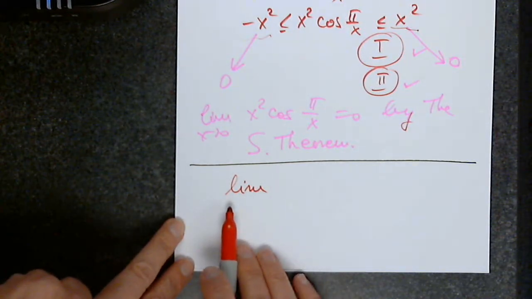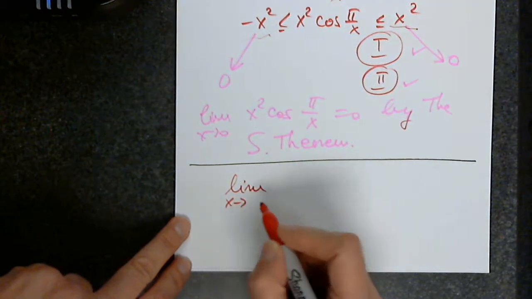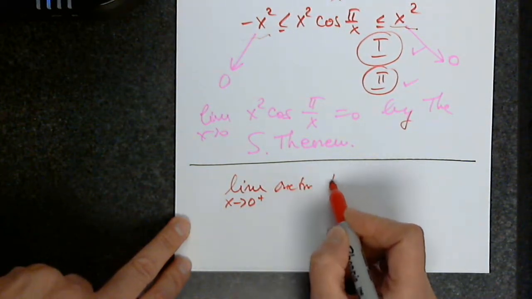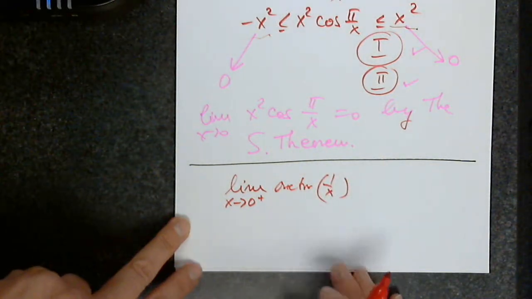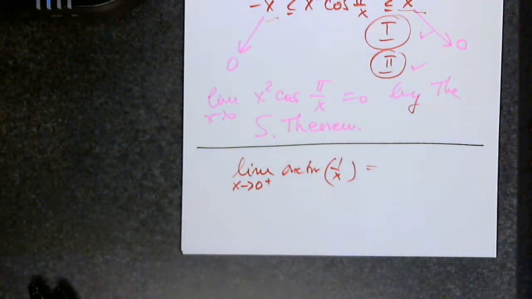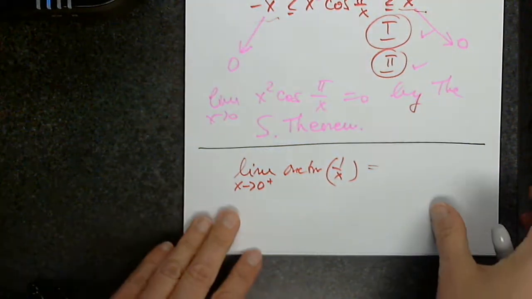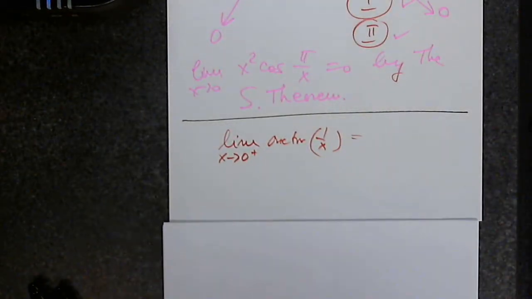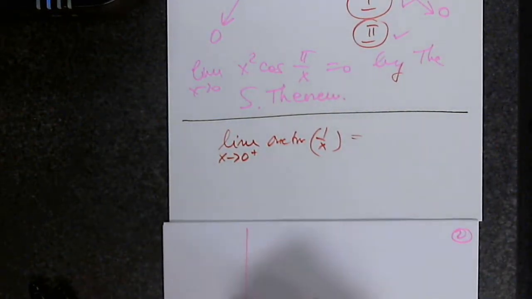A is the limit as x approaches 0 from the right of arctan of 1 over x. Good. So you have to remember two functions here that are very important. One function is 1 over x, and we have to remember its graph. Mandatory. This is super important. This is the graph of 1 over x.